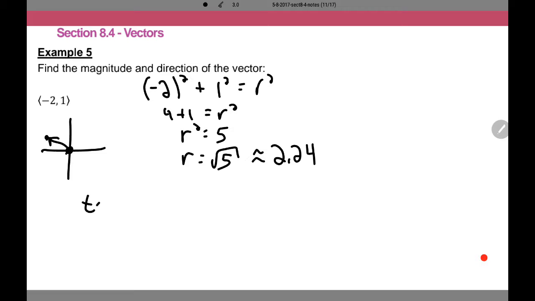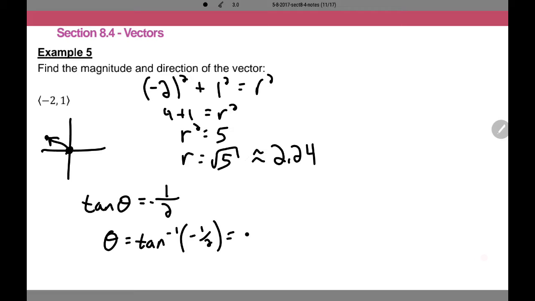In this case, the tangent of theta is y over x. And when I do the inverse tangent of that, my calculator spits out a negative angle. Now, that negative angle is actually this way right here.